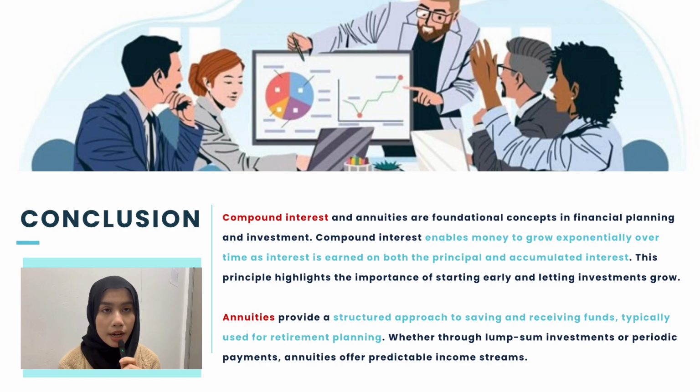On the other hand, annuities provide a structured approach to saving and receiving funds, typically used for retirement planning, whether through lump sum investments or periodic payments. Annuities offer predictable income streams. So, understanding both tools is essential for effective long term financial management and achieving financial goals.